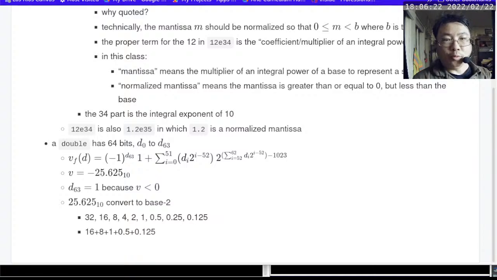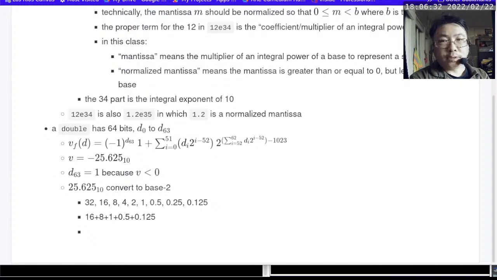Sure. If you want to, you can do a conversion in base 4. But I'm going to move on with this in just base 2. So 16 is 2 to the power of 4, right? So now I'm going to use mathematical notation because 16 is 1 followed by 4 zeros in base 2. So I have to emphasize this is now in base 2. The 8 is 1 followed by 3 zeros in base 2.